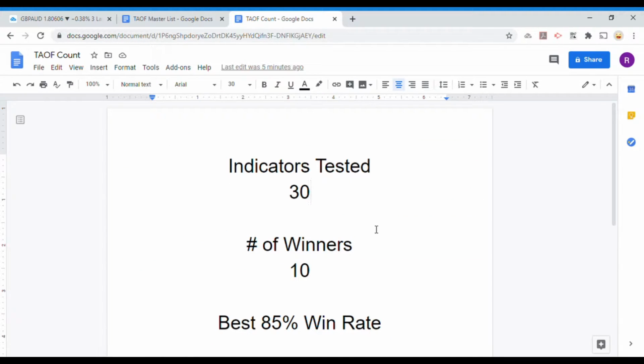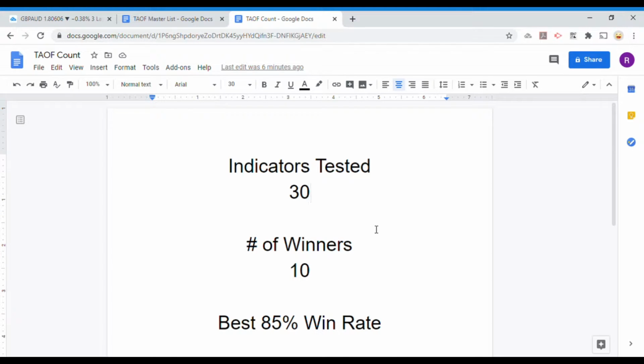But before we get into testing today's indicator, I wanted to put the indicator scoreboard up for everybody to see. To date, we have tested 30 indicators, and out of those 30, 10 of them have been winners, which means that they have met or exceeded the 60% win-loss ratio threshold that we are looking for.